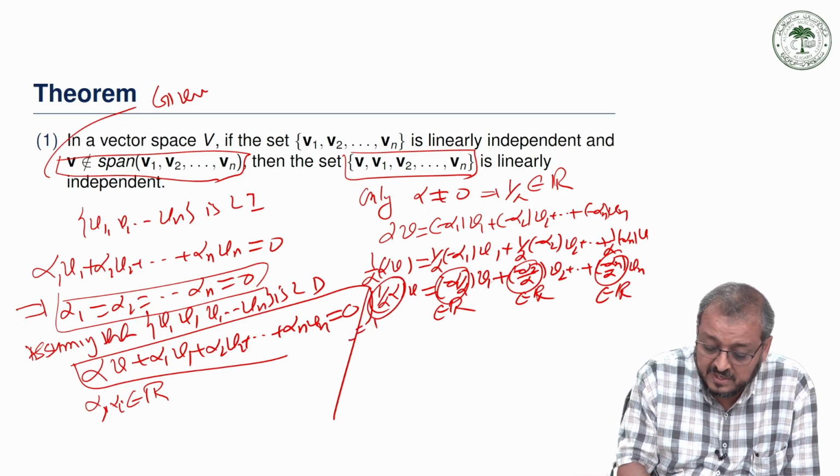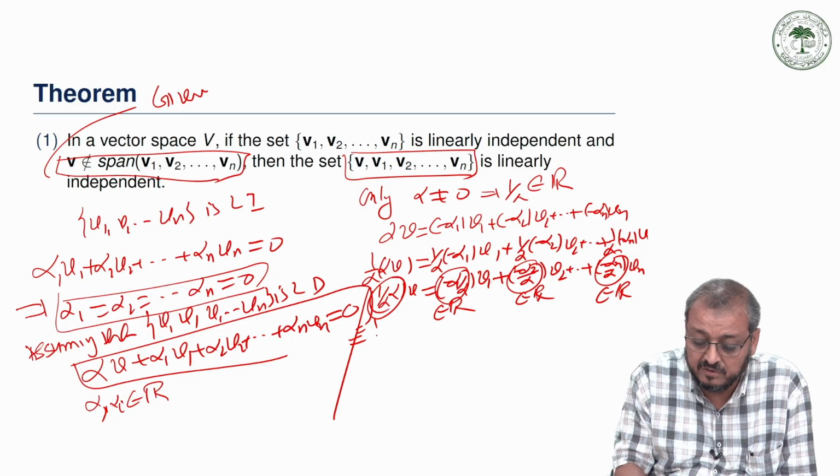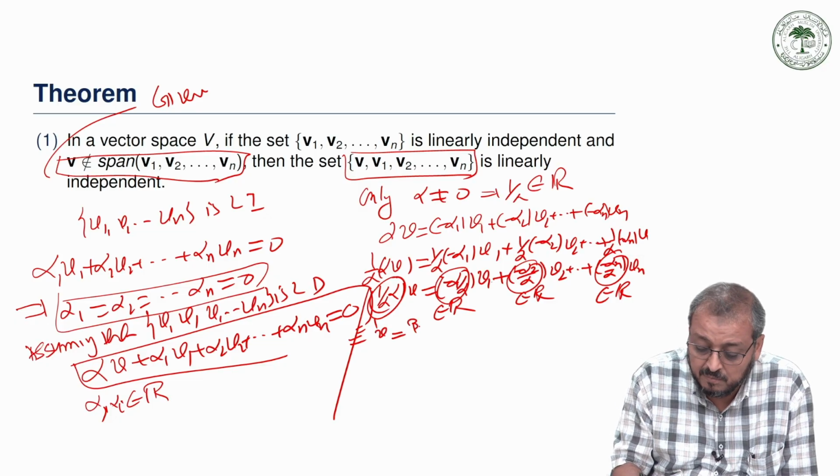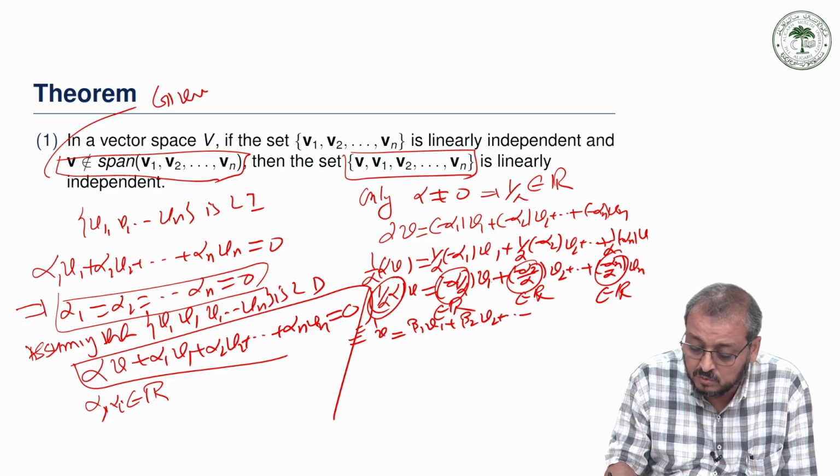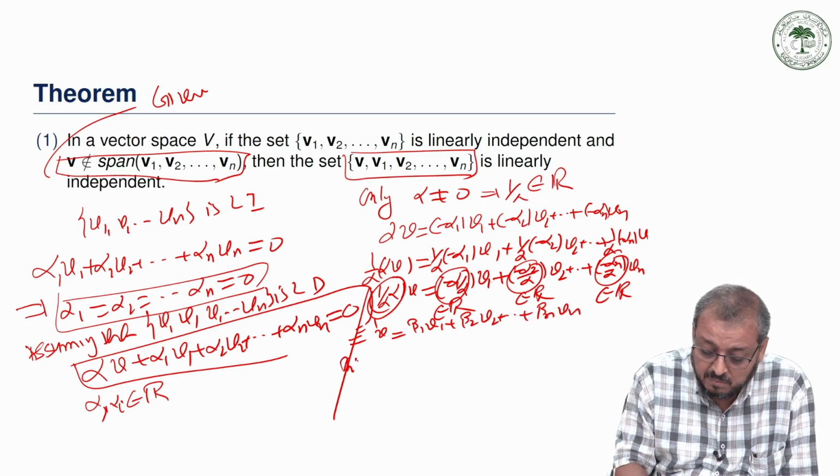So this implies that v can be written as beta 1 v1 plus beta 2 v2 and so on, plus beta n vn, where beta i is equal to minus alpha i upon alpha.